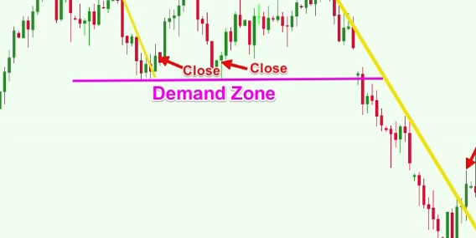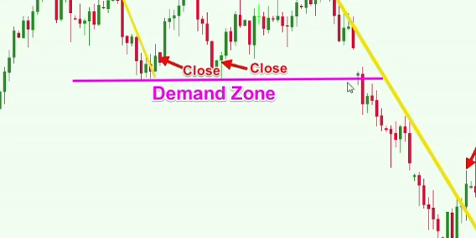But the market will not continue to do that forever. The market will one day break that demand or supply zone. So either the market will break the demand zone and the price of that commodity will fall further, or the market will break the supply zone and the price will continue to move higher.